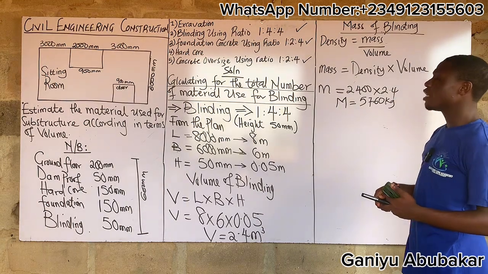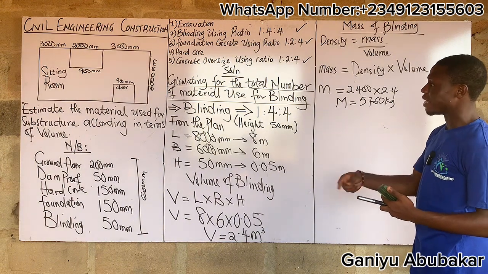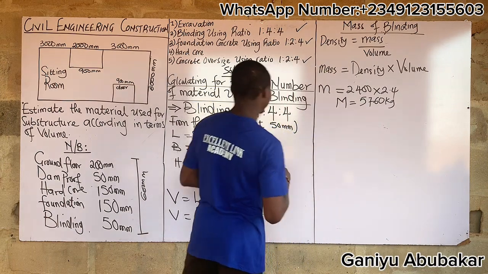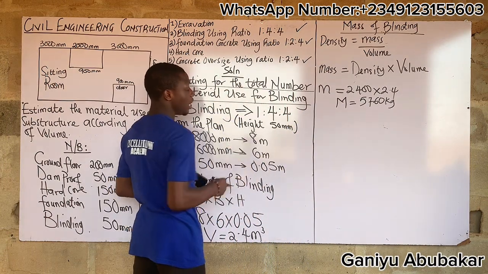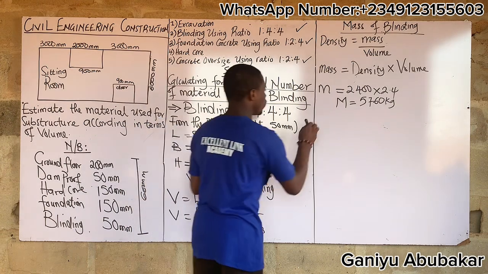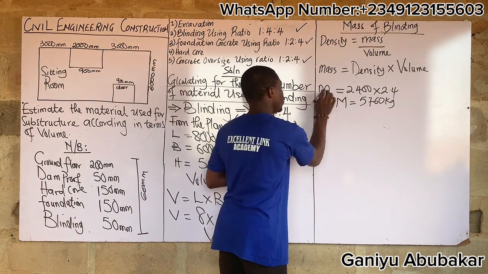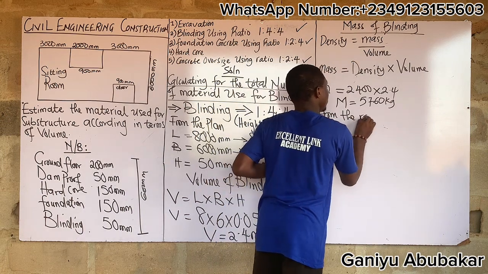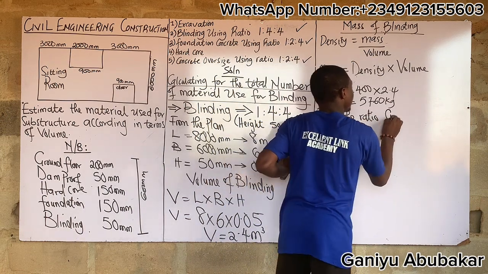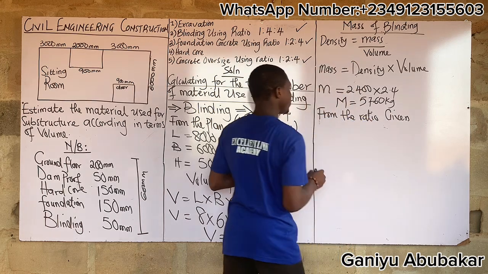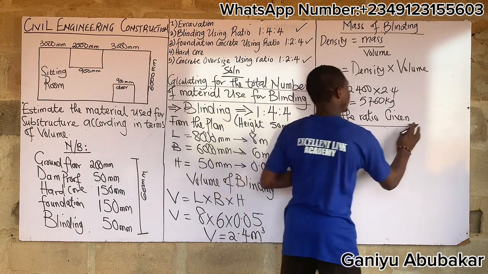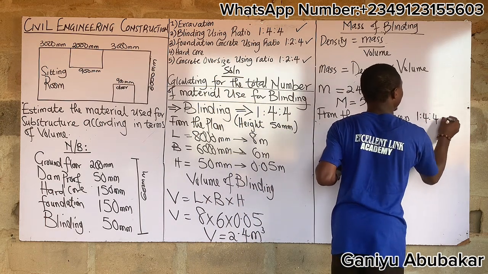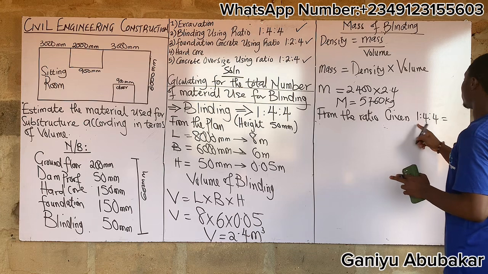At this point, let's do the number of cement and granite needed for the blinding. So let's get the number of cement, because we said the ratio is given as 1:4. From the ratio given, I have 1:4. Add them up: 4 plus 4 is 8, plus 1 is 9.